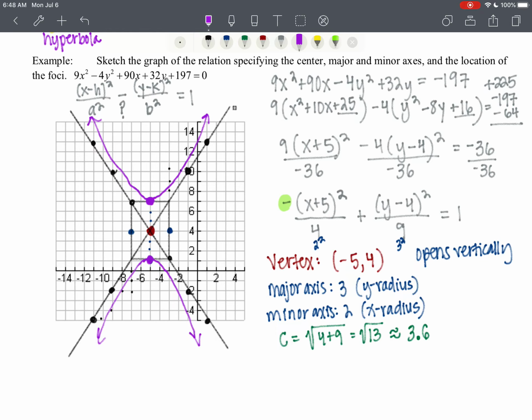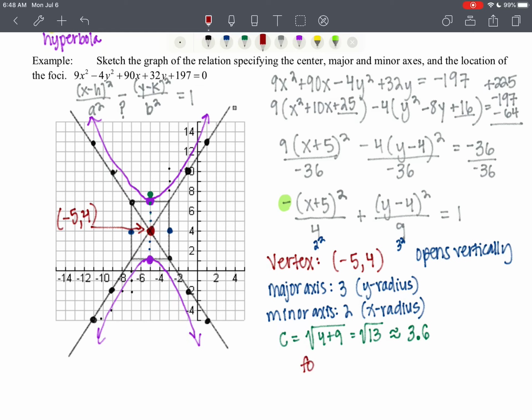Now our berries, which are our foci, they're going to sit inside that bowl. I already said they were going to be green, and they are going to be 3.6 units away from the center. So remember what I like to do. I like to see negative 5, 4. So I'm still going left 5, but I'm going to add 3.6 to 4.